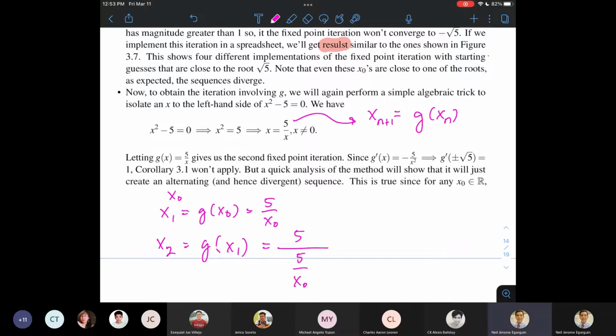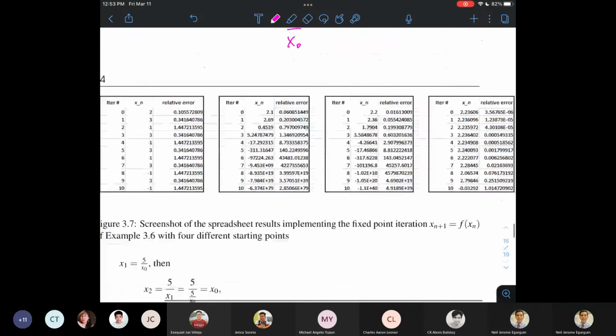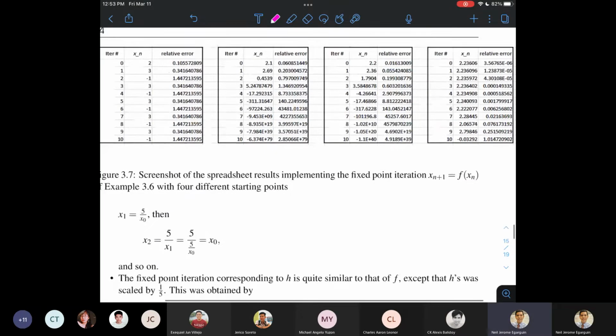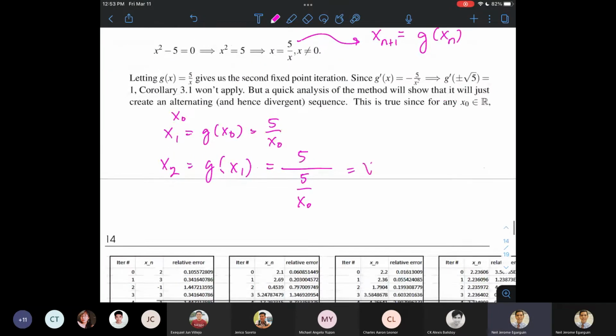Tama bang iteration ko? Tapos, para makuha si x2, g of x1. Yeah, this will become x sub 0. Cancel yung 5s. Okay. Tama ba?